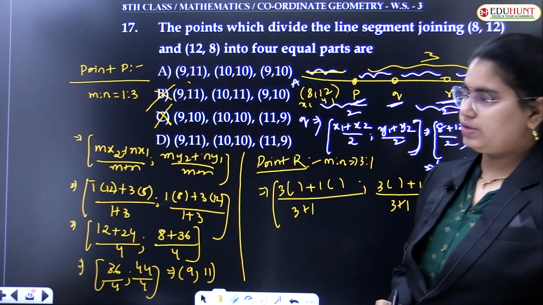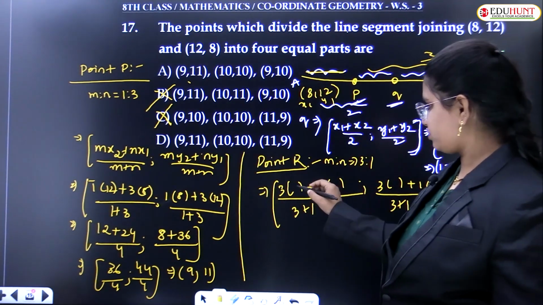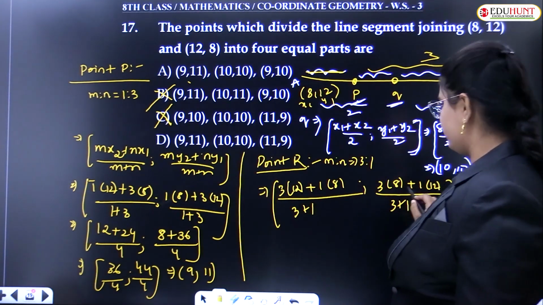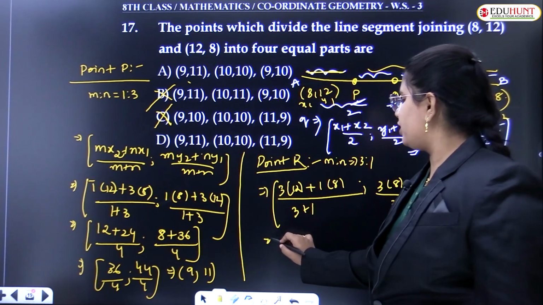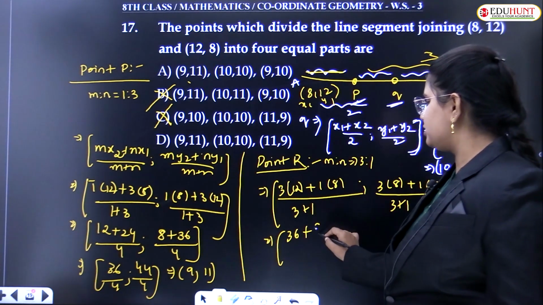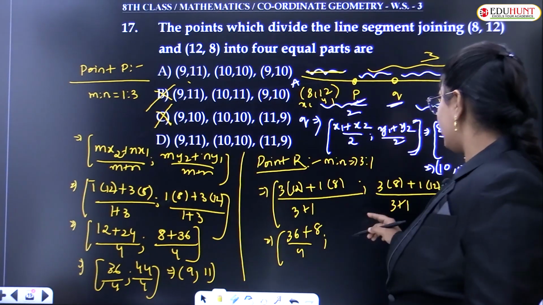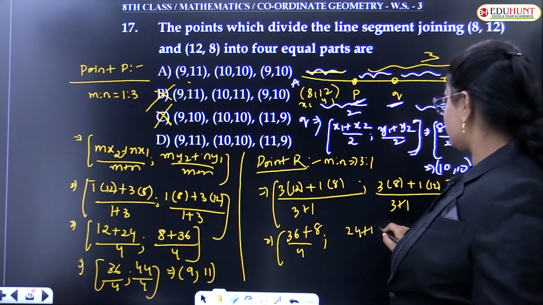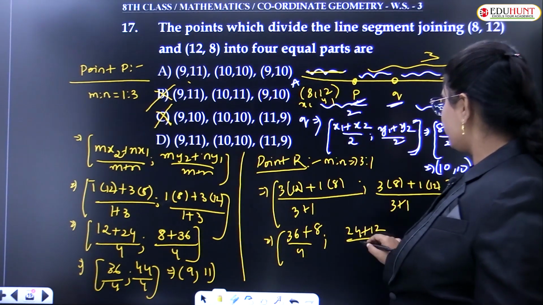So what are x2, x1? 12, 8, 8, 12. Correct? Simplify this. 3 12s 36 plus 8 by 4, and this will become 3 8s 24 plus 12 by 4.